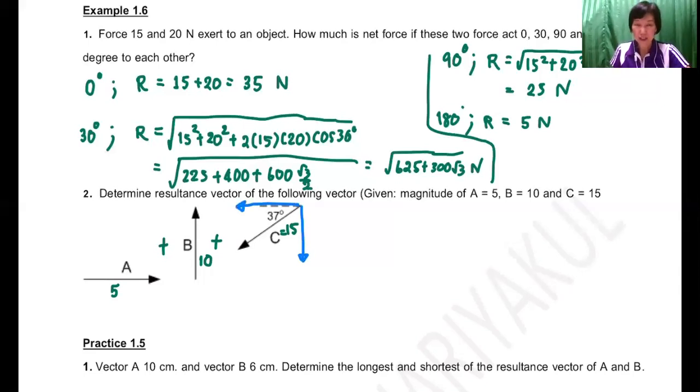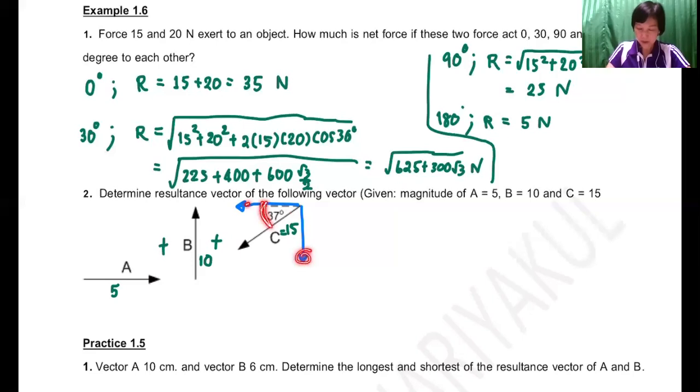I will do it quickly. I hope that you can remember and understand the previous topic that I just taught you. This component is away from the angle, and this component is close to the angle.